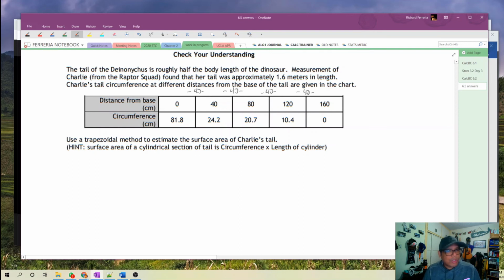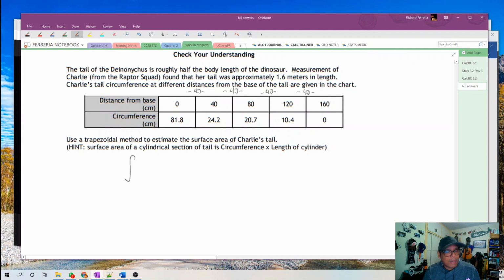So we're going to do the integral from 0 to 160. And we're going to multiply the circumference, let's call that c of x, and dx, where c is circumference and x is the distance from base of tail.